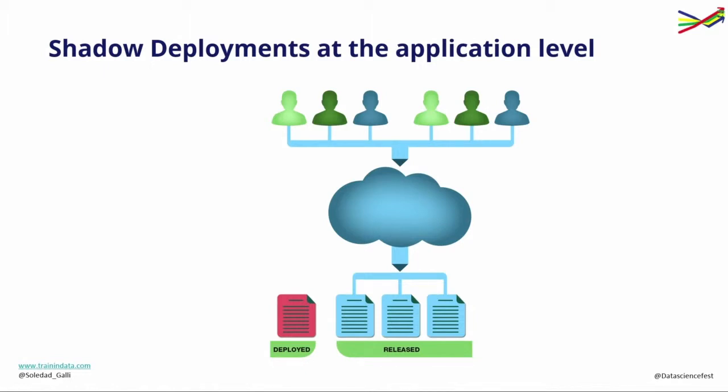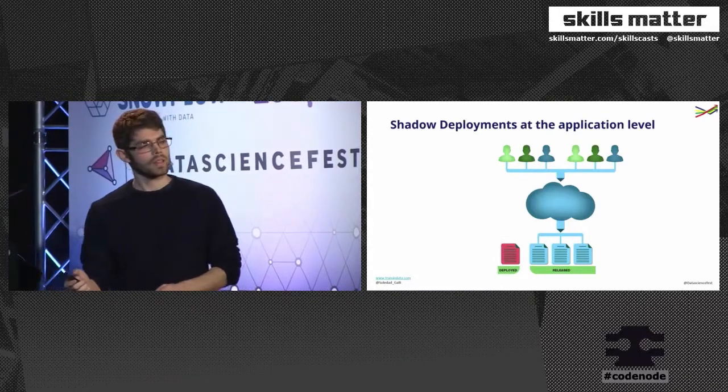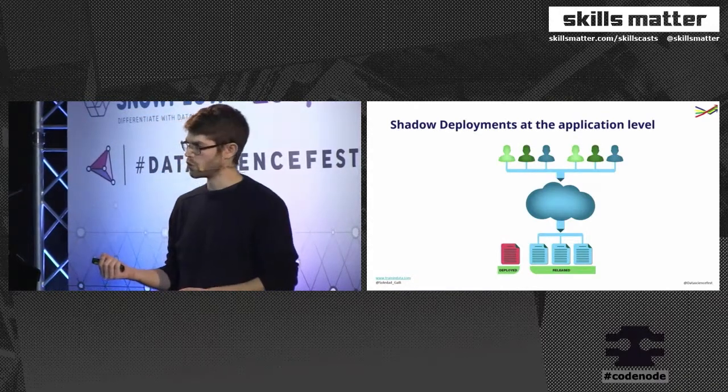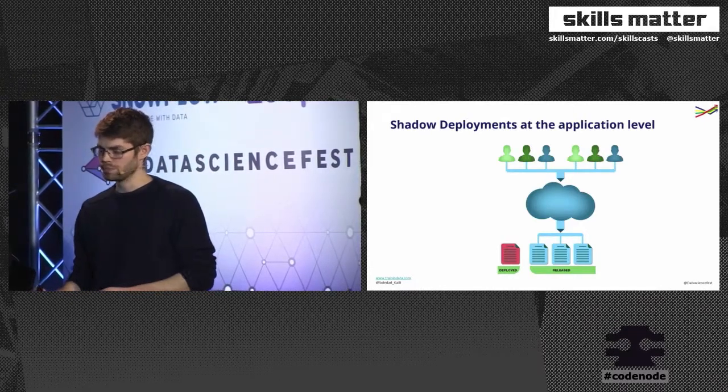And when the input data comes to your model that's been already through all the transformations and feature engineering, you're going to pass the input data to the existing model, and you're going to return the predictions, the outputs from that model, to your customers. You're also going to pass that same input data to your V2 model, but you're not going to return the predictions from that model to your customers. Instead, you're just going to store that information.